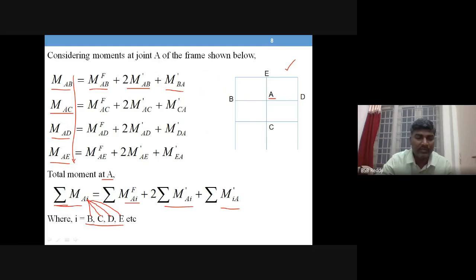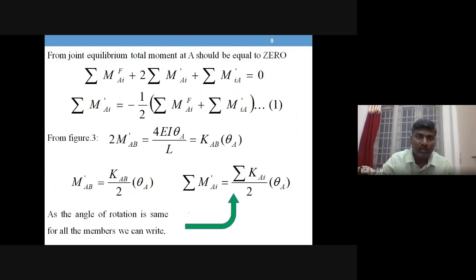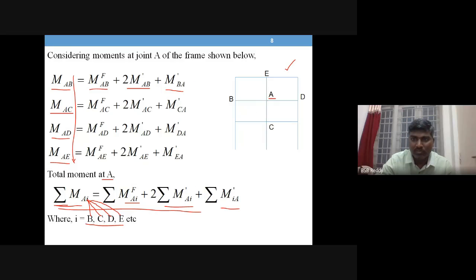So instead of writing four equations, I have just converted it to a single equation. Coming to next, from joint equilibrium, the total moment at A should be zero. It is the same equation we have been using even in moment distribution or slope deflection.